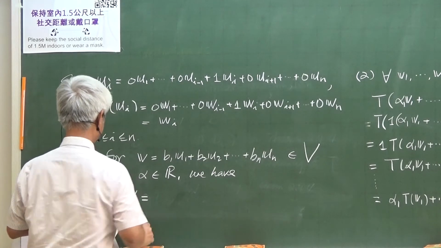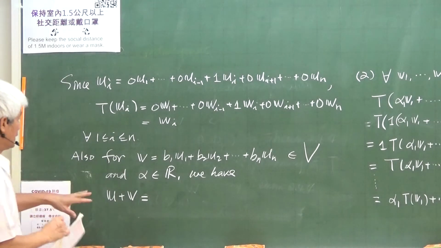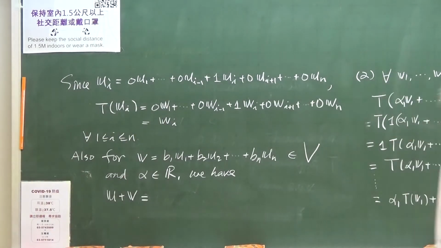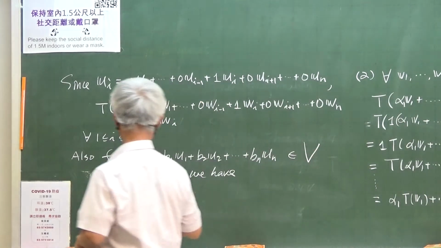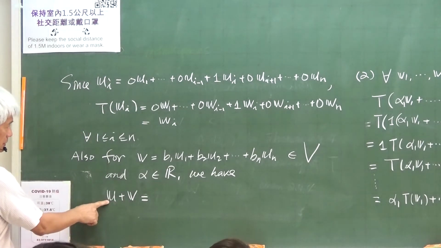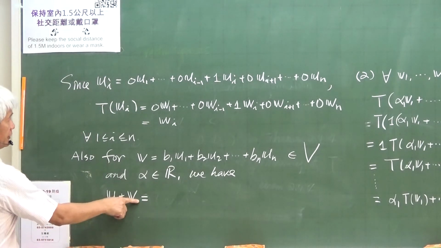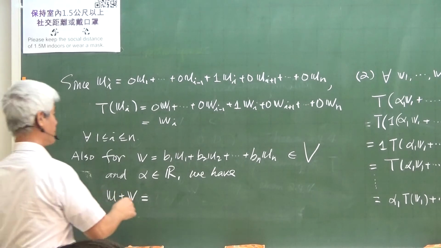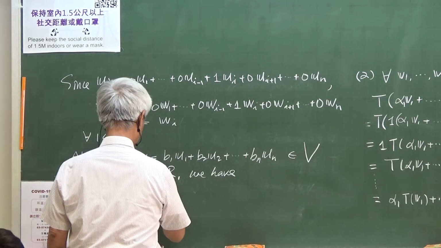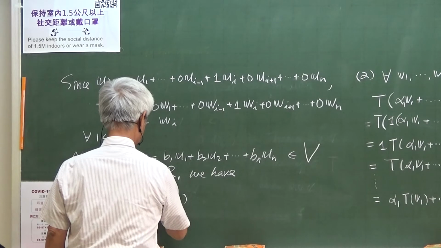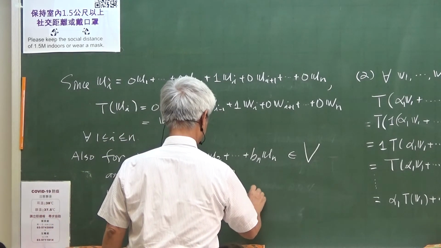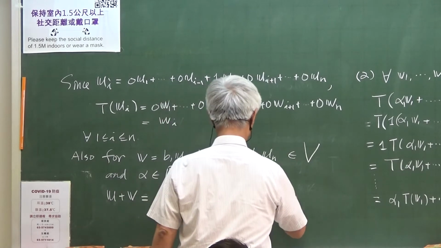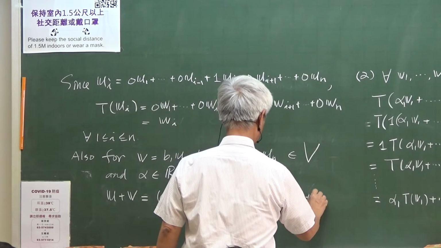Okay, so when we add u plus v, u is here, right? And v is another vector in capital V. So the sum of vector u and vector v is (a1 plus b1) u1, (a2 plus b2) u2, up to (an plus bn) un.